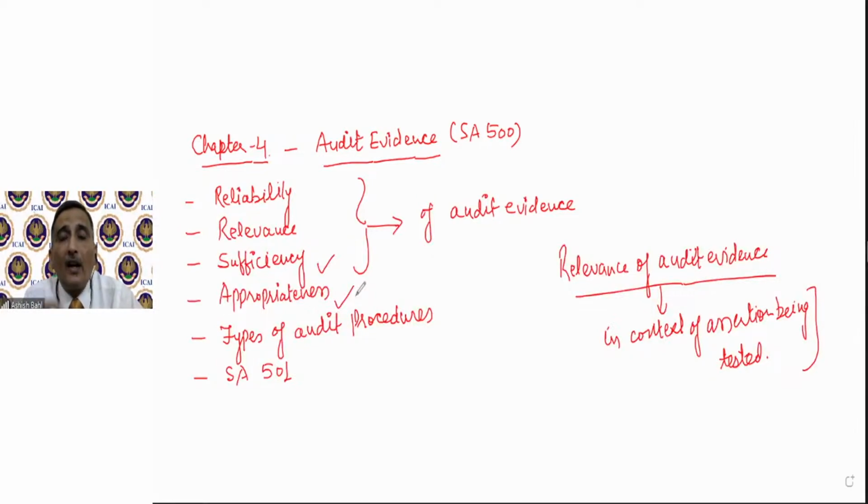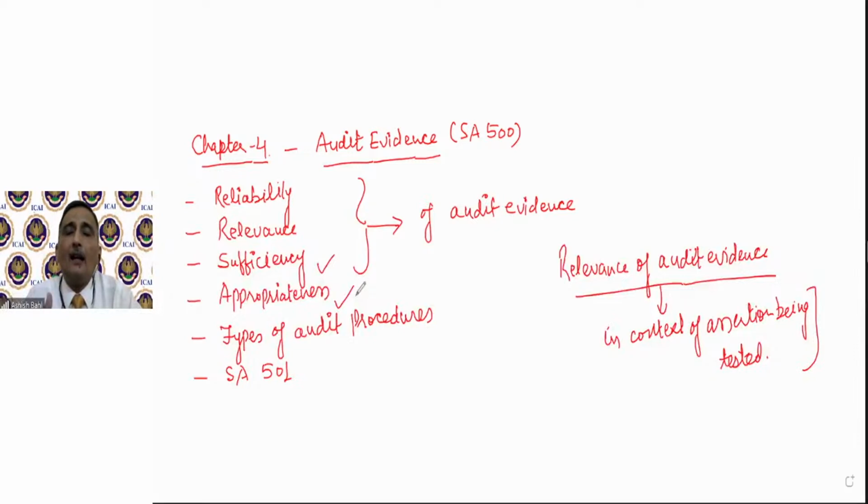So the audit evidence should be sufficient to give comfort to the auditor. And what is appropriateness? Appropriateness relates to quality of audit evidence. कि वो जो ऑडिट एविडेंस ऑडिटर को मिल रहा है उसकी क्वालिटी क्या है?